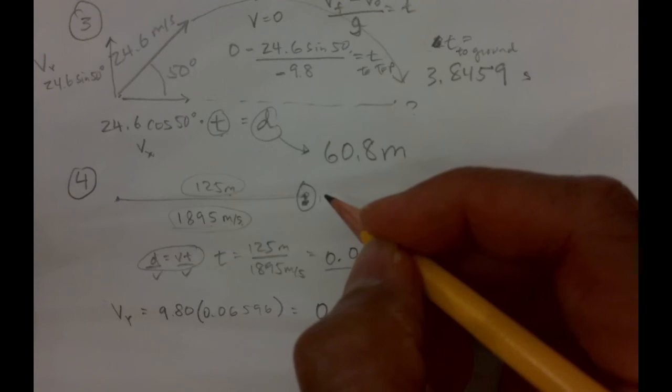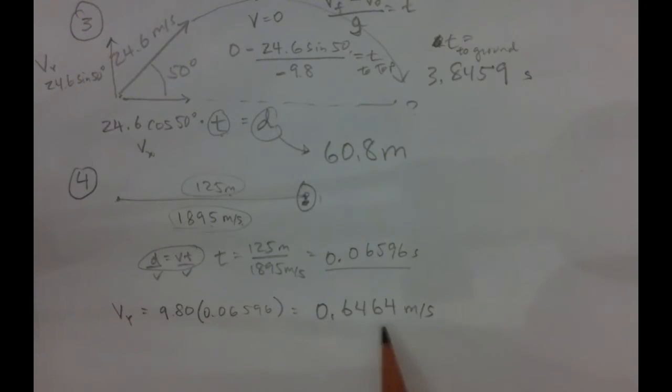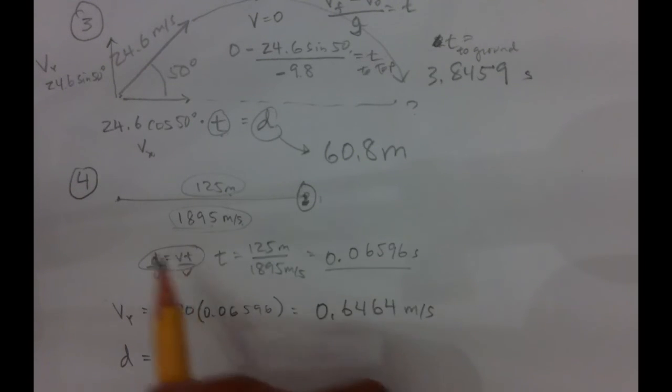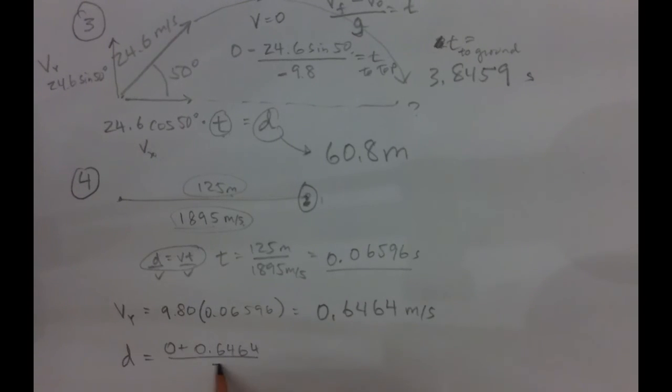But it wasn't traveling that speed the entire time, so the distance below the center actually is going to be, right, the average. So my initial vertical velocity of 0 plus my final vertical velocity over 2 times that time.